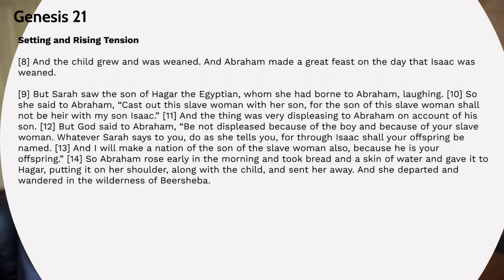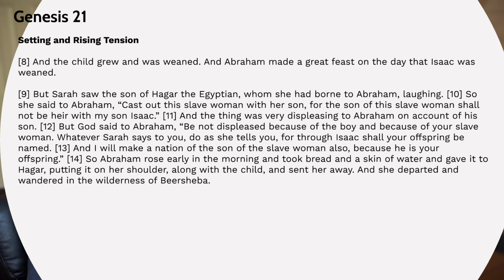But we're introduced to some tension starting in verse 9, where Sarah saw the son of Hagar laughing and mocking. Paul's going to actually pick up on this in Galatians. But here in the story, the tension is with Sarah wanting to cast them out.